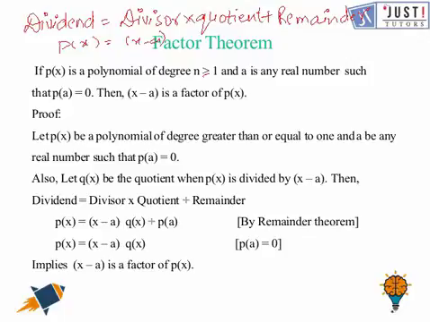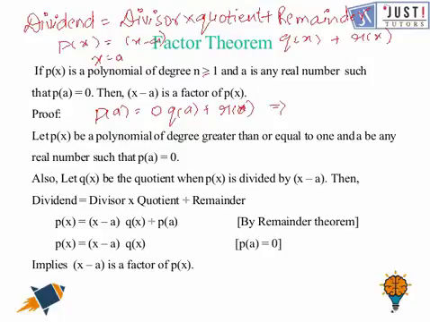Let the quotient be q(x) and the remainder be r(x). Then if we put x as a, because a is any real number, we get p(a) equals 0 times q(a) plus r(x), or we can say r(a), which implies that p(a) equals r(a).